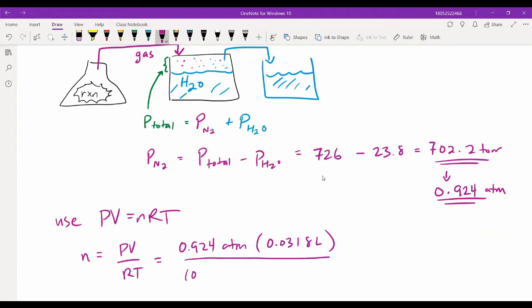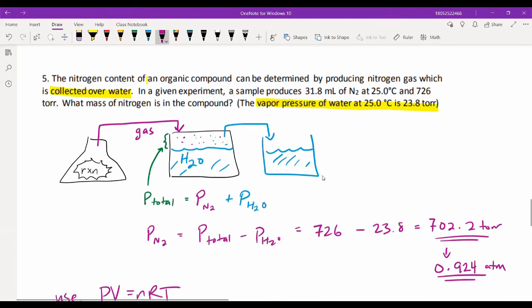Then R, which is our gas constant, and the temperature, which is given in Celsius, 25 degrees, which is 298 Kelvin. Again, this is just information that I'm pulling from here, referring to how much nitrogen gas was collected and that temperature.